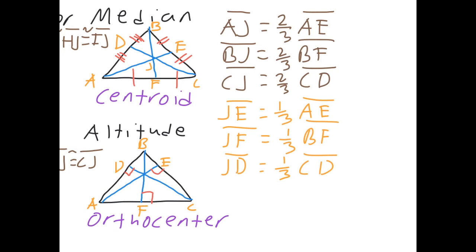So we can also tell that line segment AJ is 2 times line segment JE. And line segment BJ is 2 times line segment JF. And line segment CJ is 2 times line segment JD.